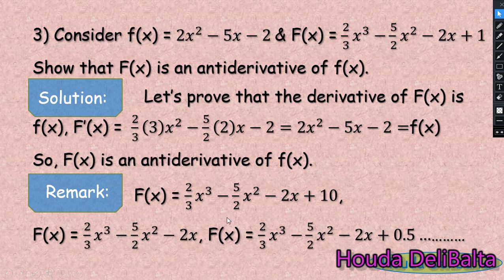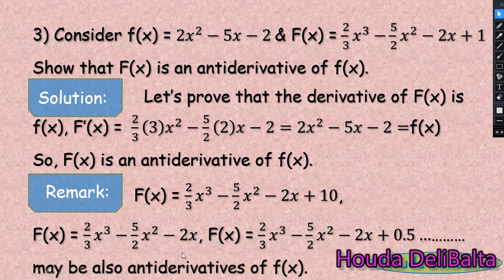Here is another one. Also, the difference is by the constant. Now, if you take a look, you can notice that these all have the same derivative, which is this. And by this, I can say that all of these may be antiderivatives of f of x, and I have so many antiderivatives for this f of x.